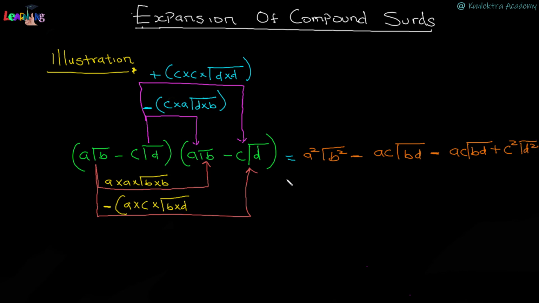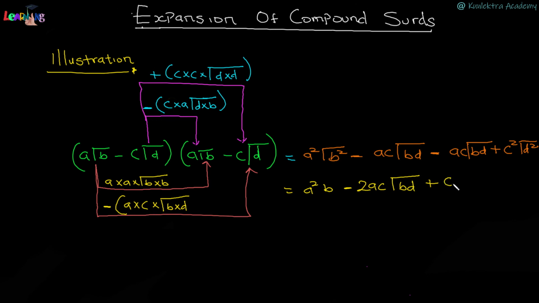Now I hope you get what I'm explaining. Now you have your a square, square root of b square is what? B. And that you have a square b minus, this is minus ac root bd, minus ac root bd. You have 2ac root bd, plus, this is c square, square root of d square is d.